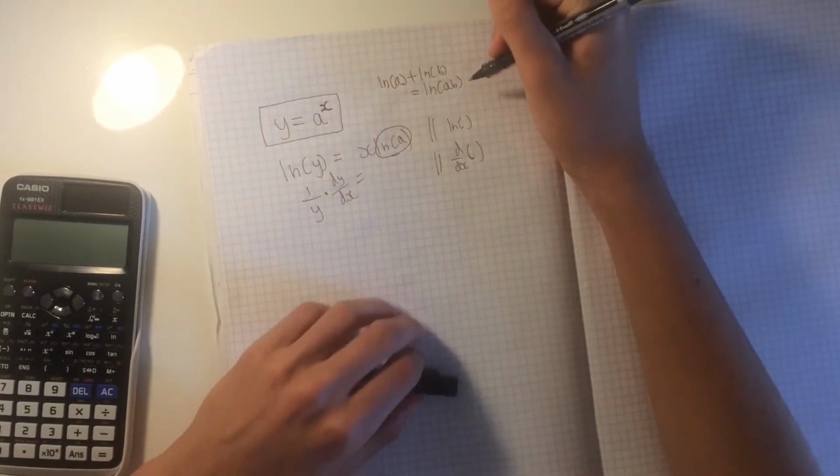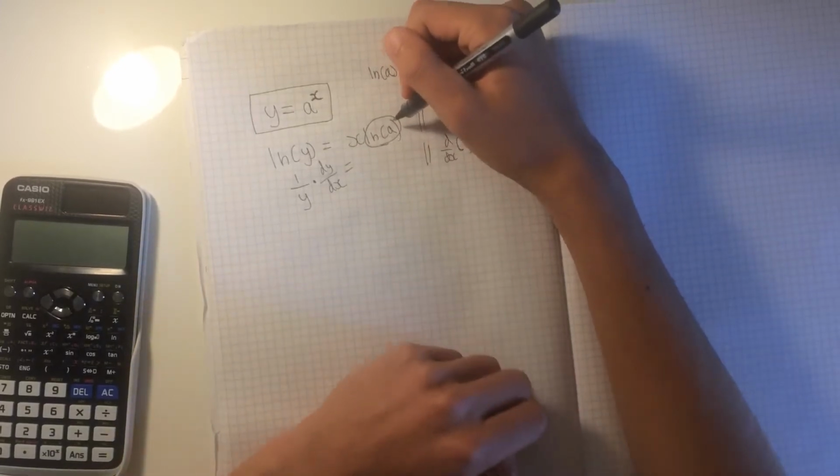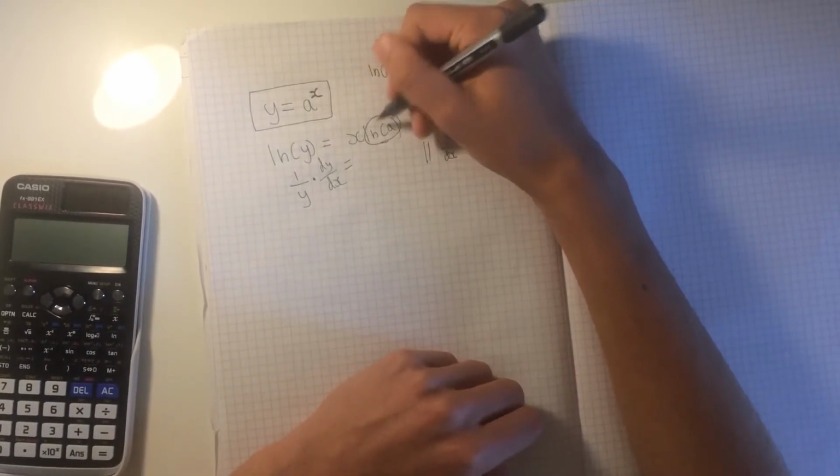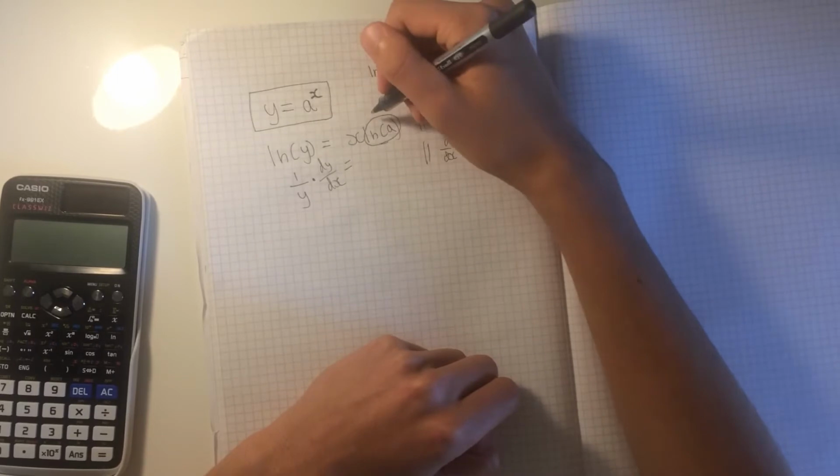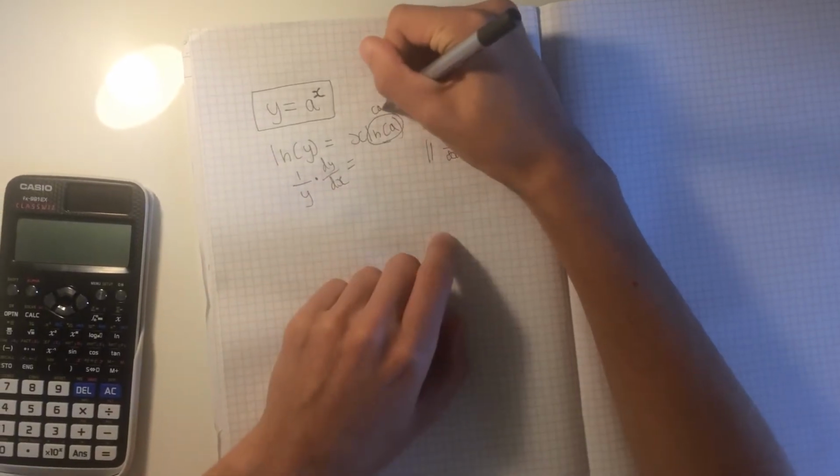And what is this? Well, ln of a might be a natural logarithm, but it's still a constant. There's no x here, so there's no variable, so it's a constant.